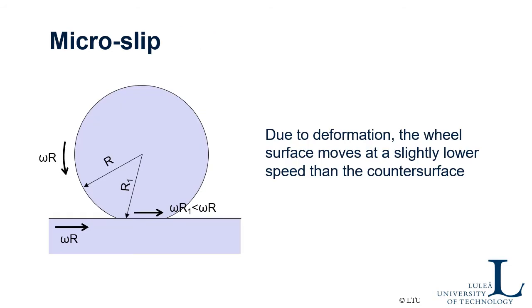Okay, now let's start discussing the different mechanisms of rolling friction. We start with one thing named microslip. So even if this is a rolling contact, there is some slip in the contact anyway, because most wheels are deformed because there is some load applied on the wheel, and there is a flattening of the wheel in the contact zone like this.